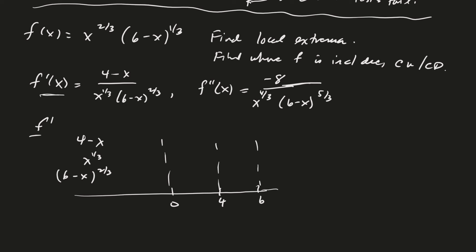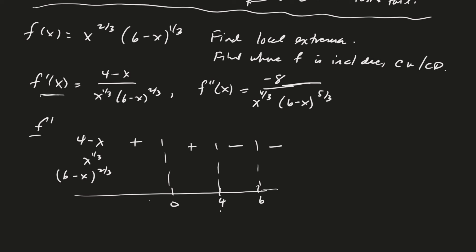And now we put in sample points in each region. And so 4 minus x, let's see, if I put in like negative 1, that would be 4 minus minus 1. So that'd be positive. And then it changes sign at x equals 4. And then it's going to stay changed after that.